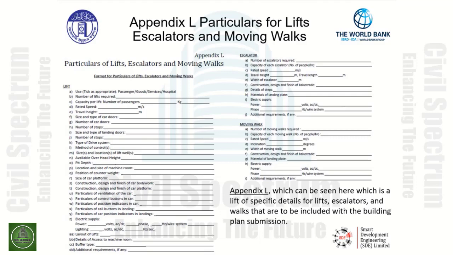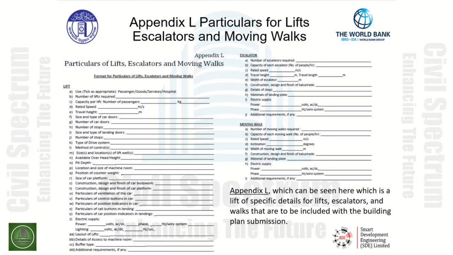This is important because we do not want to exceed what the code allows for the degrees above the horizontal plane for moving walks. The width of the moving walk is important as well, because the width is a function of how many people that the moving walk can carry, as well as the construction, design, and finish of balustrade.